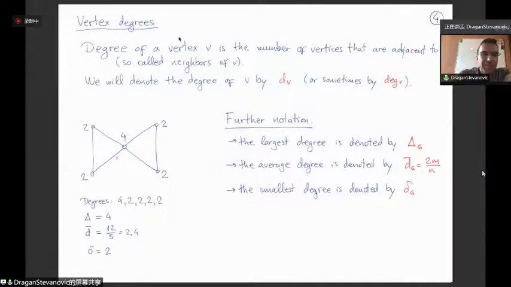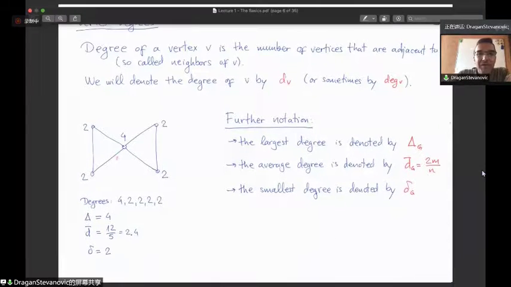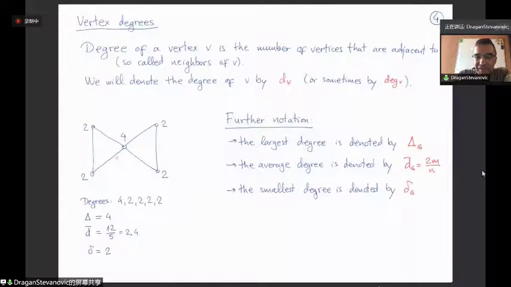Okay, in order to be able to express our first bounds, we also need to introduce some further notions. The degree of a vertex is the number of vertices that are adjacent to that vertex. So these are neighbors of v.